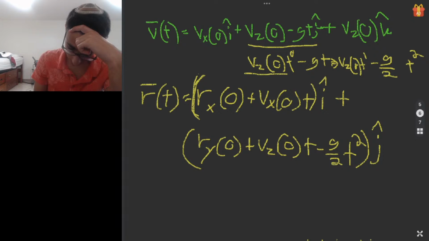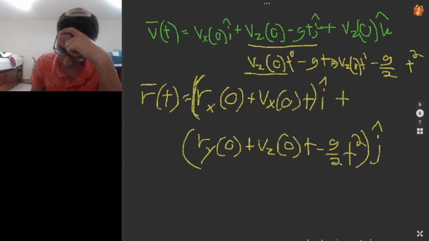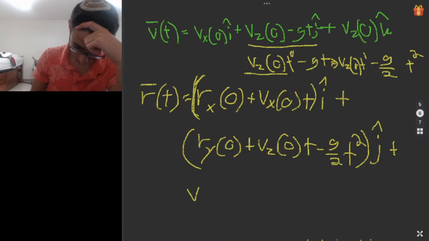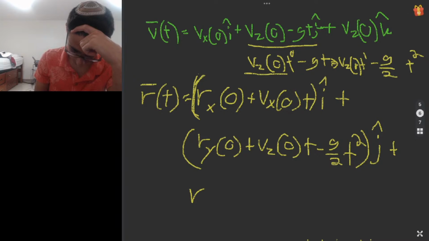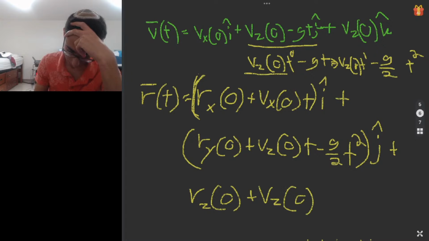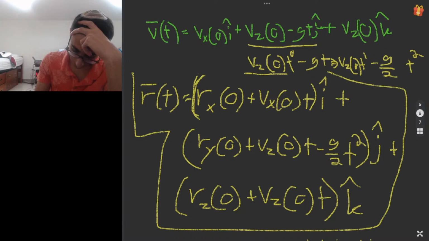Okay, so this is our x, this is our y, and then our z will look exactly like the x, right? Plus rz, our original position, so position in the z direction at time 0, plus the velocity times time, so plus vz at time 0 times time, and that with k hat, and that is our position derived from acceleration.